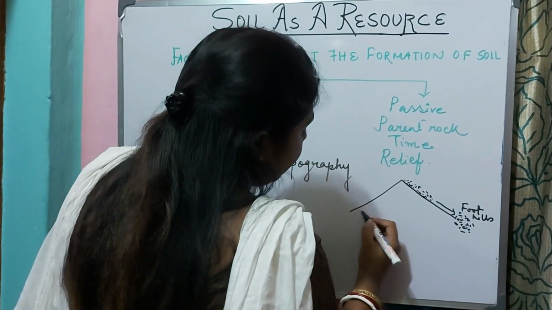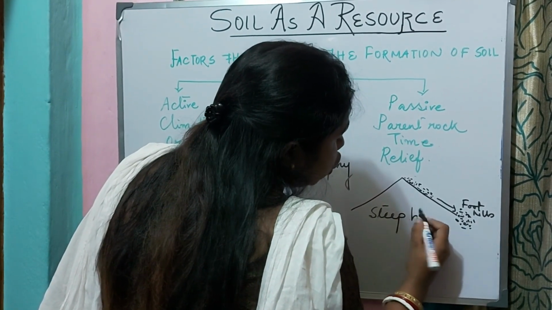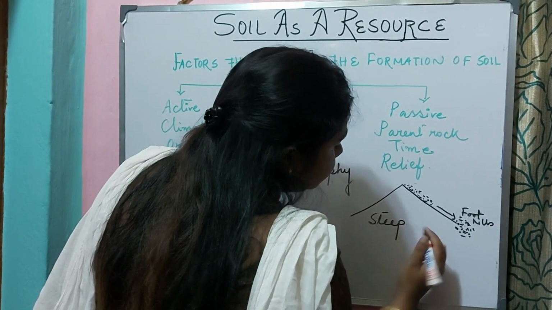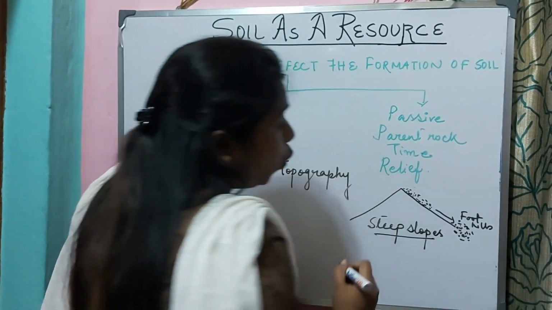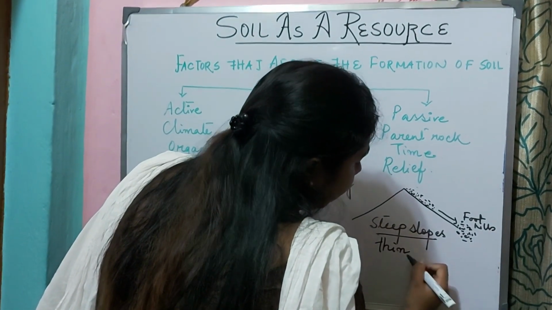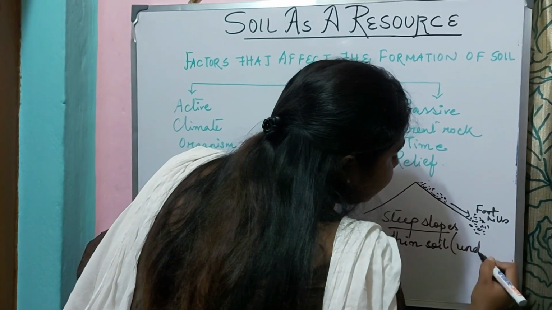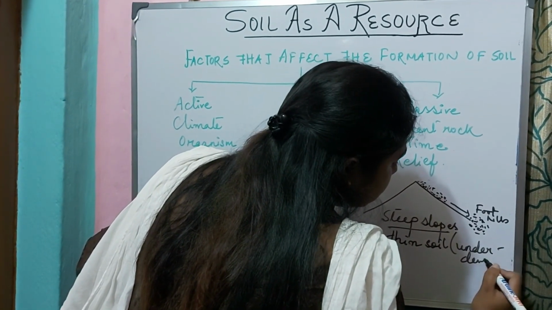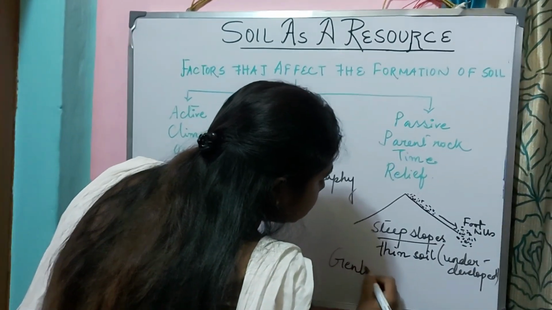So we can say that the areas with steep slopes will have thinner soil. Thin soil, why? Because they are underdeveloped. The gentle slopes.